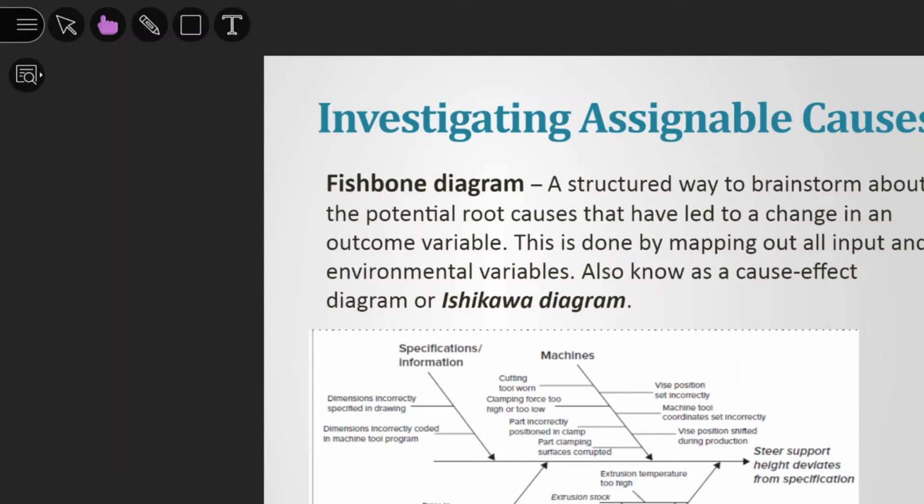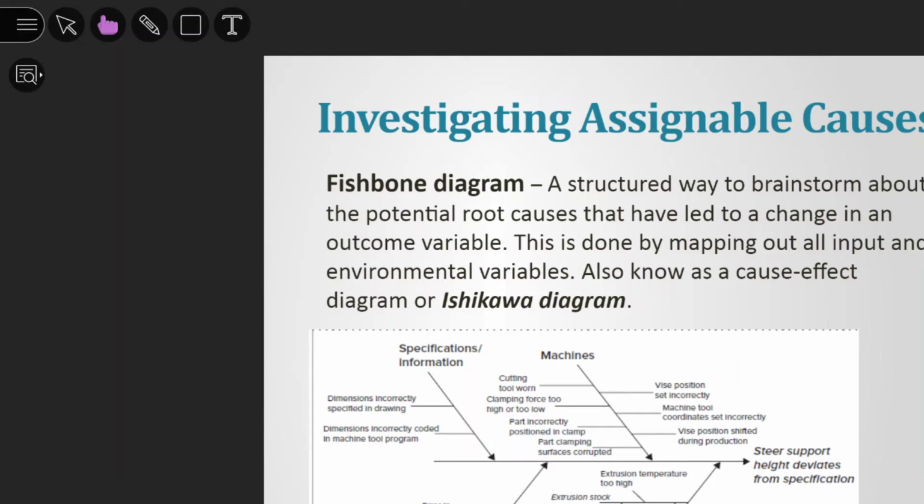And what he created is the diagram that you can see at the bottom of the slide. Well, everybody understands why it is called a fishbone diagram, because when you make that diagram, it starts looking like a skeleton of a fish.